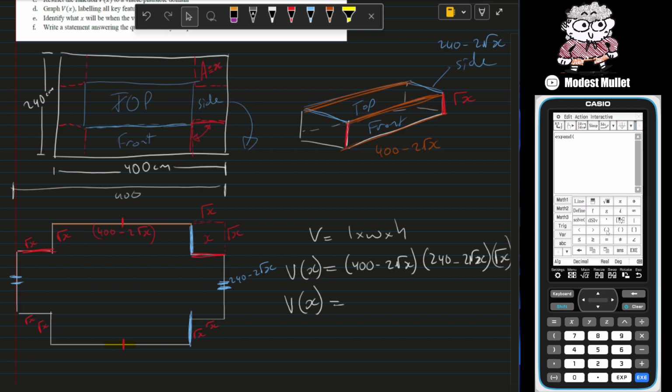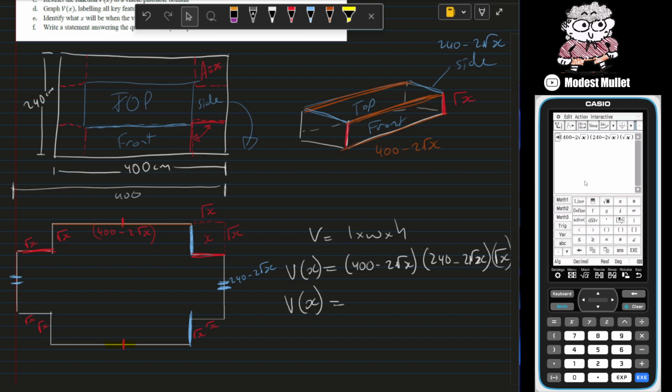In our first bracket we have 400 minus 2 square root x. The second set of brackets is 240 minus 2 root x, and our last bracket is just square root x. We don't technically need to put that last square root in brackets, but we will.